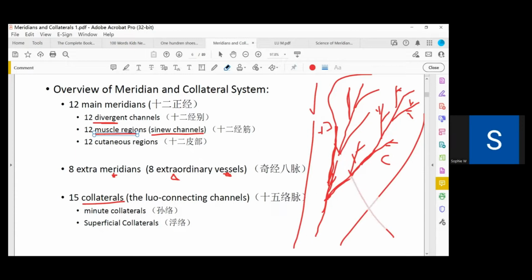For each of the 12, there are many branches on it.